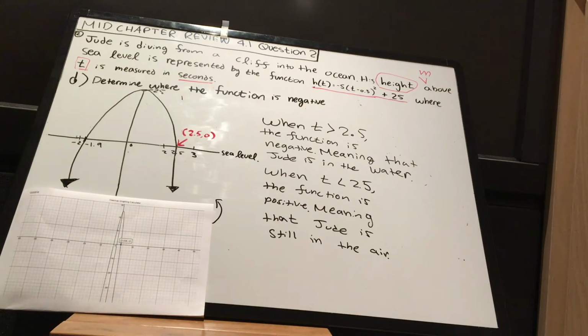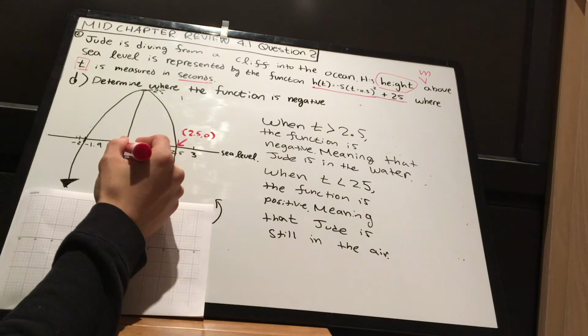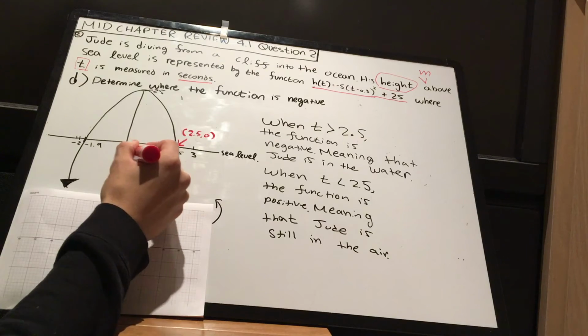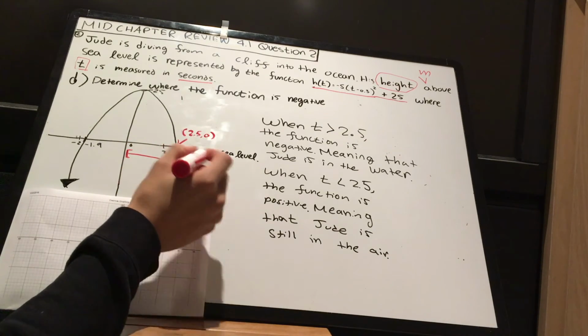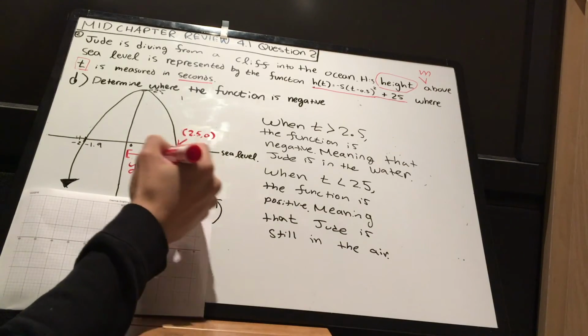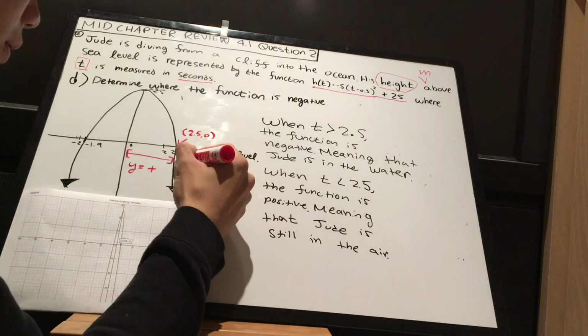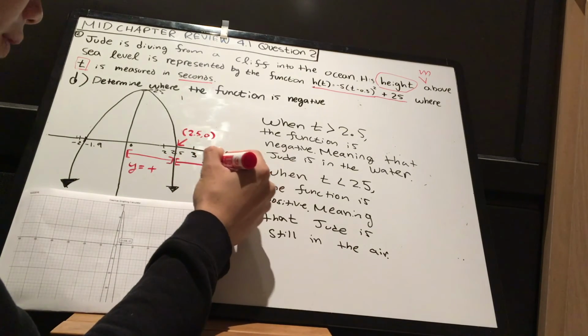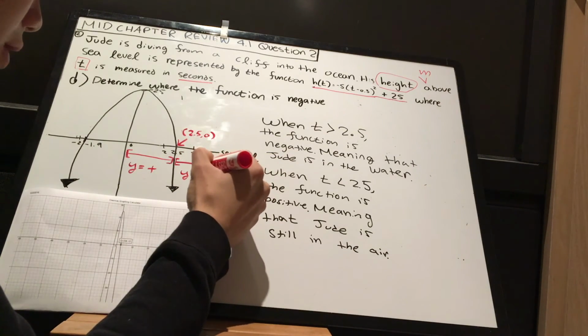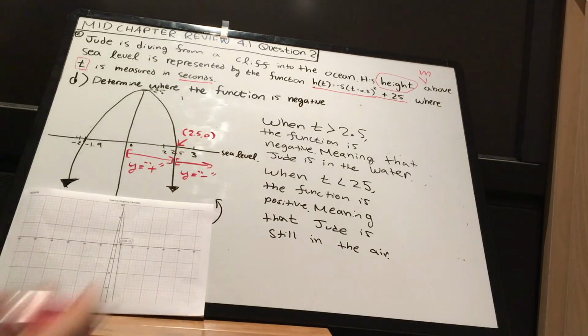So what I mean by this is for x values in between 0 to 2.5, Jude is still in the air, making all y values positive. And from times 2.5 and on, all y values are negative, meaning he is in the water now.